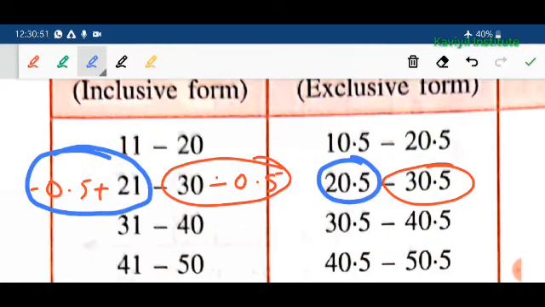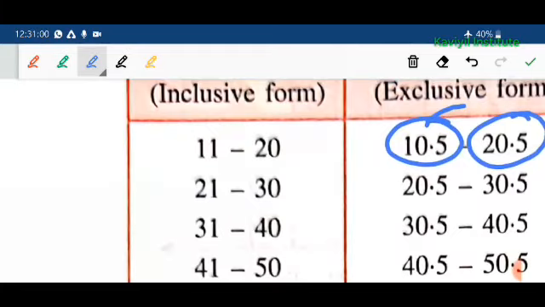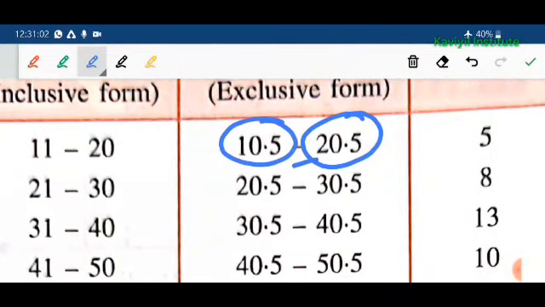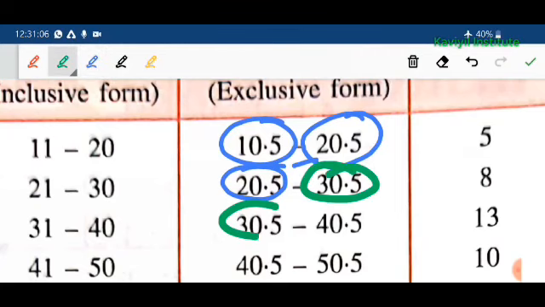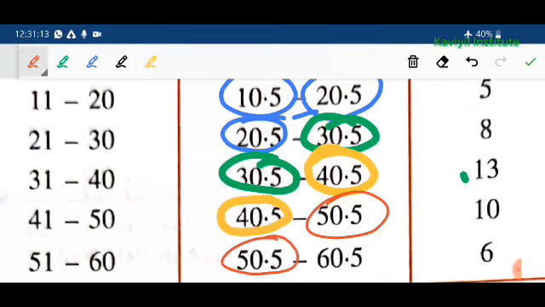We understood that 11 has become 10.5, then 20.5, and this 20.5 comes again here. Again 30.5, 30.5, then 40.5, 40.5, and 50.5, 50.5. So now the class intervals are coming equal. That is a speciality which we can observe now.